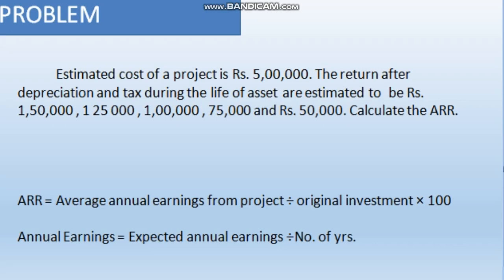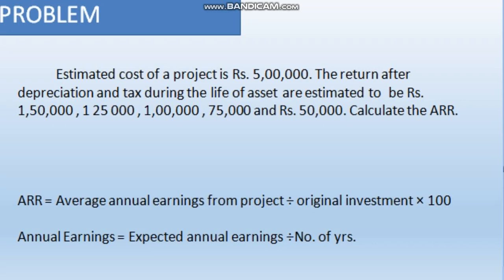As you all know, the formula for calculating ARR is average annual earnings from project divided by original investment into 100. Here annual earnings is calculated using the formula expected annual earnings divided by number of years. In the question, estimated cost of a project is given, that is 5 lakhs.